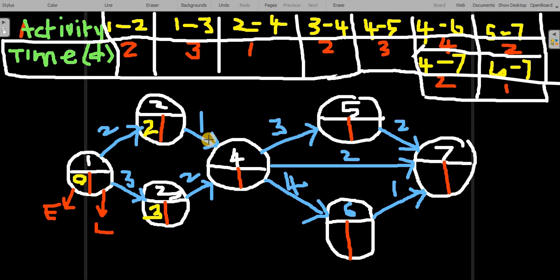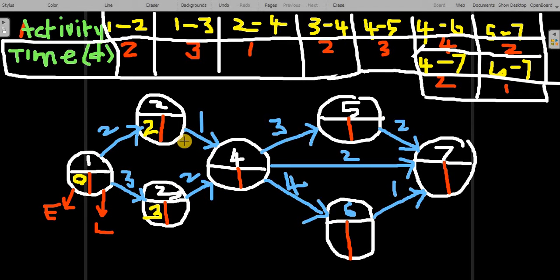But look at this fourth event. In the fourth event, 2 arrows are ending. So in the forward pass, when 2 arrows are ending, we have to calculate the earliest time by the 2 ways, and then write the maximum. That is very important. Coming this way, 2 plus 1 is 3. Coming the other way, 3 plus 2, 5 will come here.